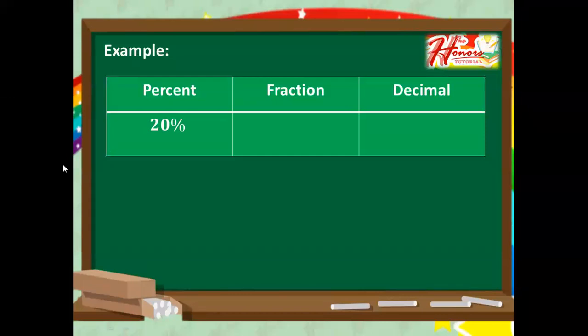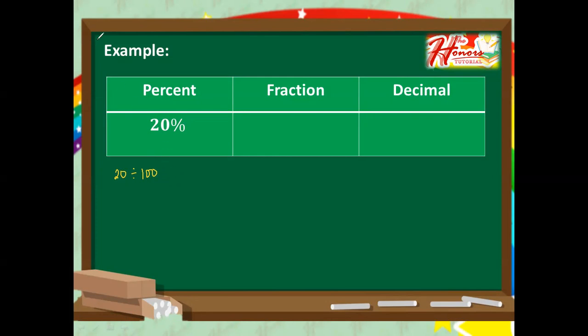And then we will divide it by 100. So what are we going to do now? Are we going to use the long division method for it? No, we are not going to do that.